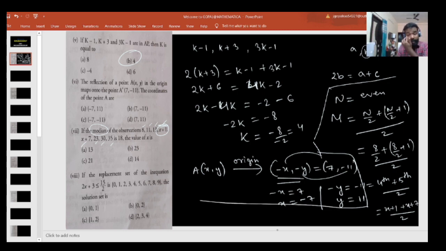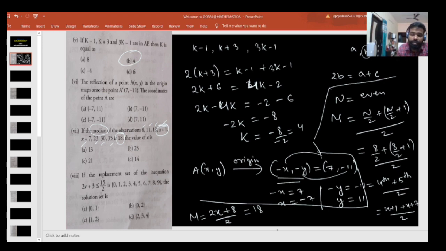So finally we get 2x plus 8 by 2. Okay, this is the median for us in terms of x, but they gave us that the median is equal to 18, so we make this part equal to 18.